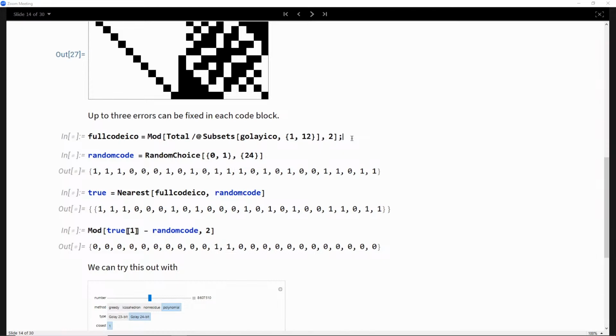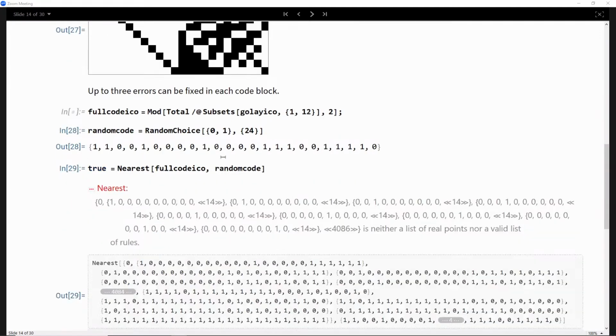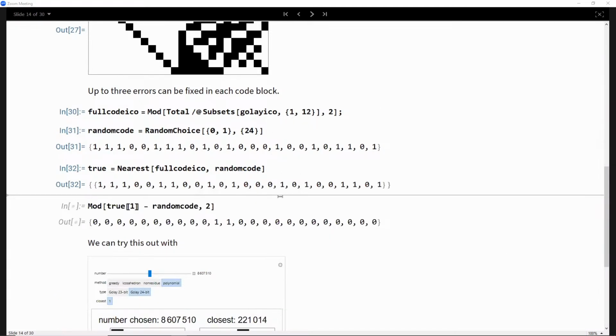And if a signal is sent to the spacecraft, for example, here, we can have a random code, and it can find the nearest code and then find out where the errors are.